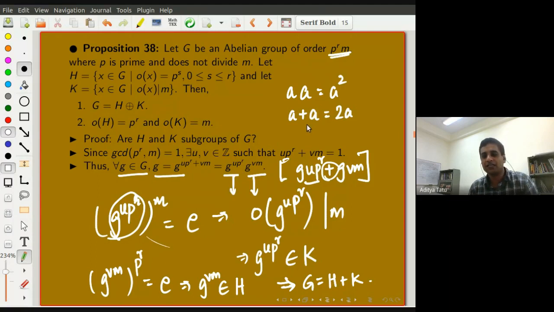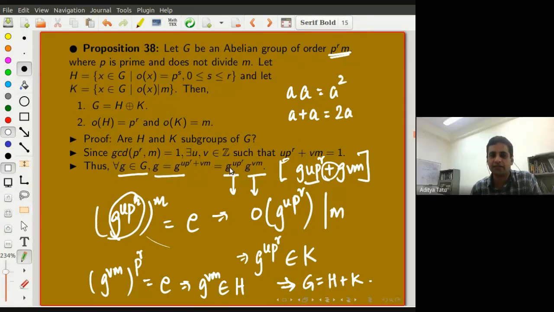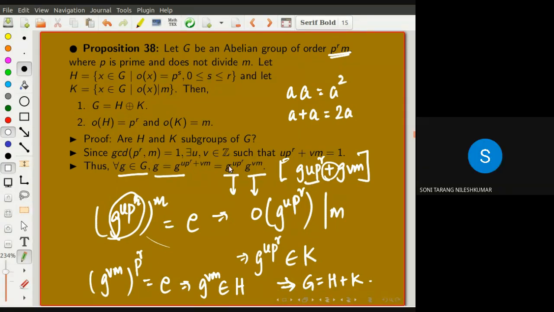If I suddenly change the notation, I might confuse you, which is why I am writing both notations at the same time. So g times u p^r is g plus g plus g, u p^r times. Exactly. Yes.